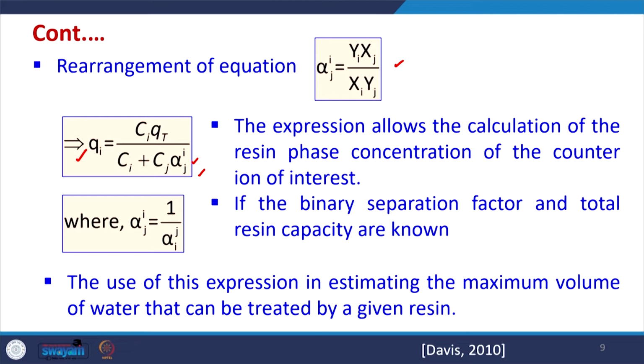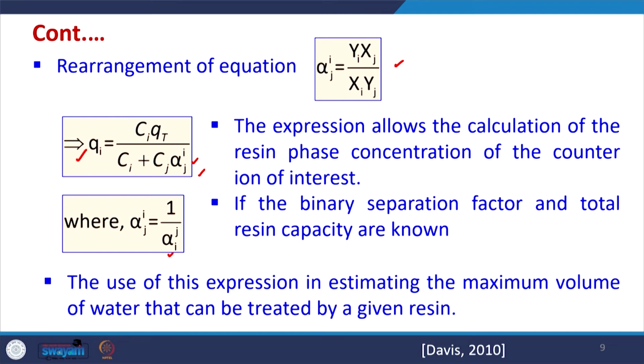If, suppose, we have to remove calcium, we can look for calcium, and we can similarly find it for others. One important thing is that alpha I j is the reciprocal of alpha j I. Through this we can determine the total resin phase concentration of the counter ion of interest.